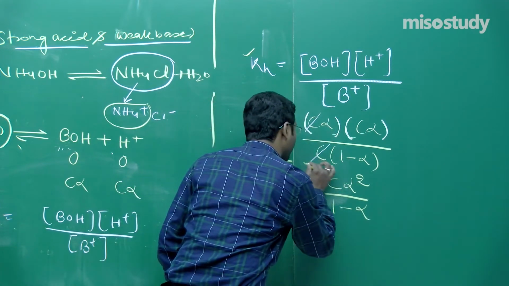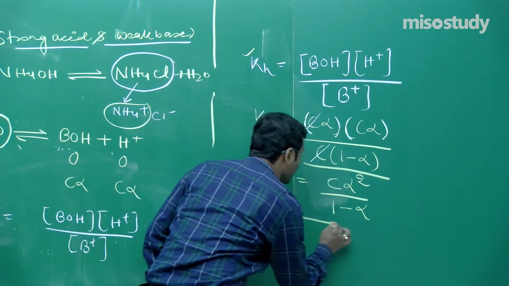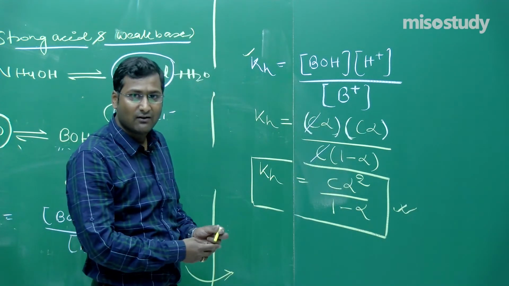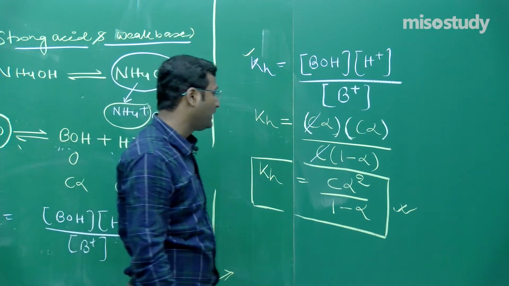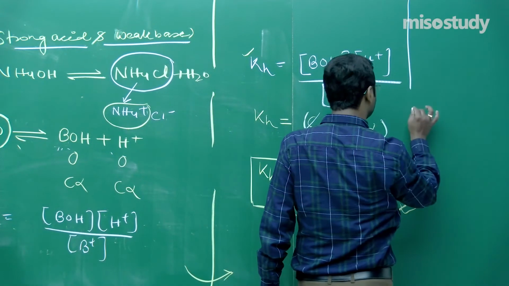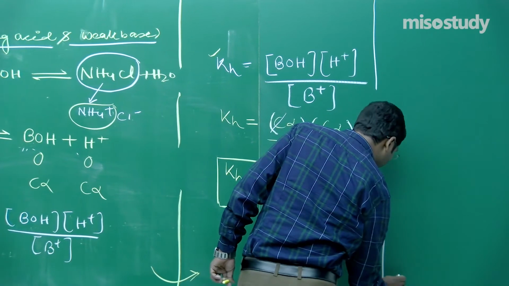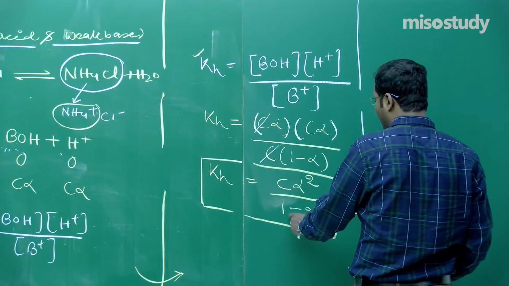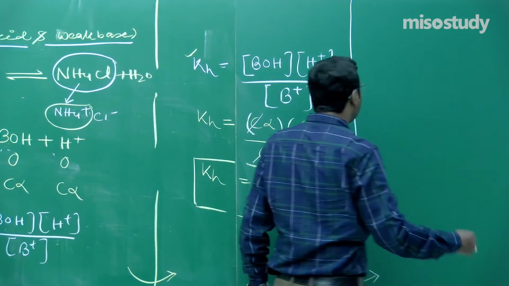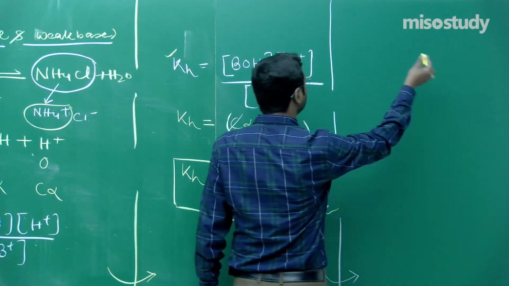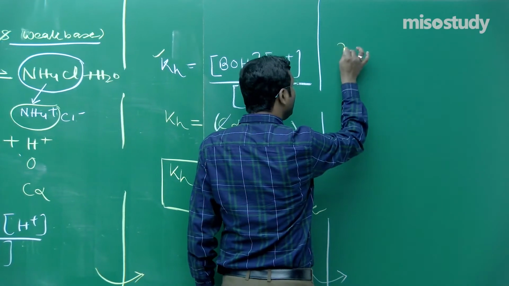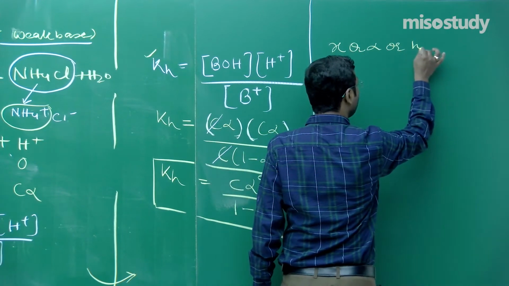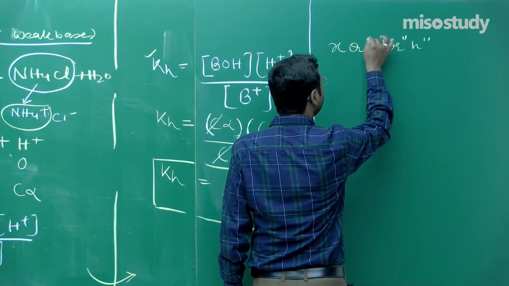This is the expression for the dissociation constant in terms of concentration and alpha. Is it visible to you, friend? Now I am moving to the next part. One thing we have to remember: you can write X or alpha or H, and these all have the same meaning.